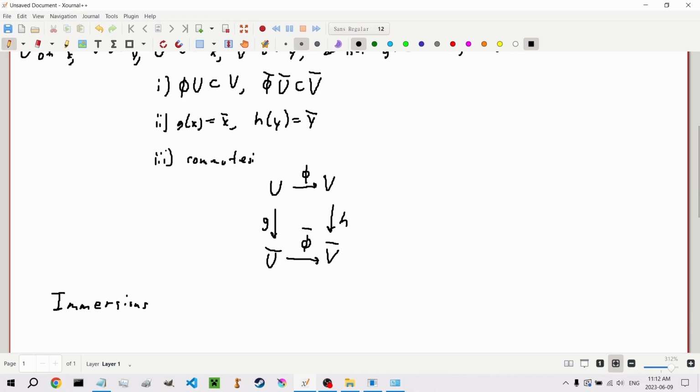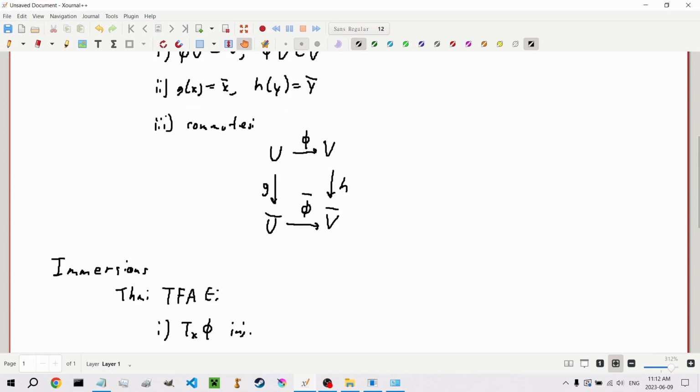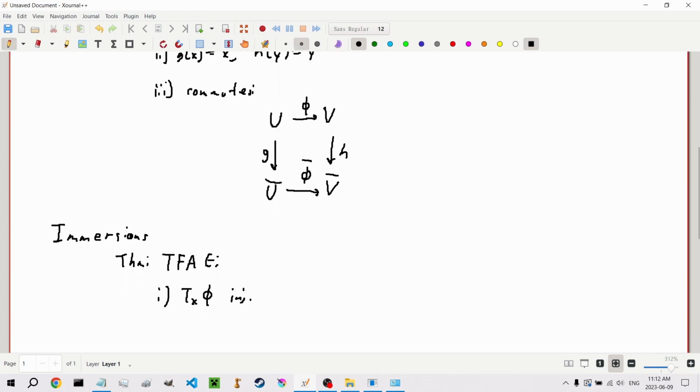And we start off with a theorem, which is just an equivalence. The following are equivalent. First off, T_x of phi is injective. I think we're carrying over our phi and x and y and all that from above.